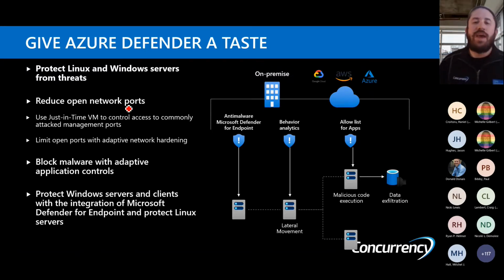And so in looking at that story, it allows you to do a lot of that adaptive malware and application controls. It allows you to extend that story to more of your data center now, such as Linux, which is one we'll talk about, and allows you to protect from some of those threats.